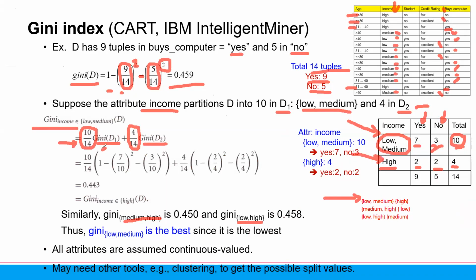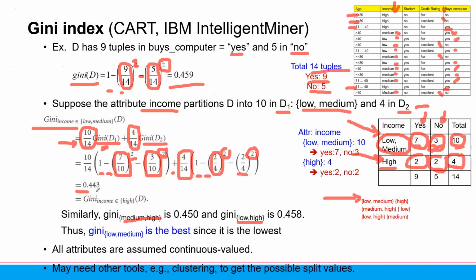So the Gini D1, it means we have 1 minus 7 divided by 10, because we have 7 in yes, power of 2, minus 3 divided by 10, power of 2, plus we have 4, which is from the high, and then multiply by the 1 minus 2 divided by 4, which is from the yes, power of 2, minus 2 divided by 4, this is from the no, power of 2.